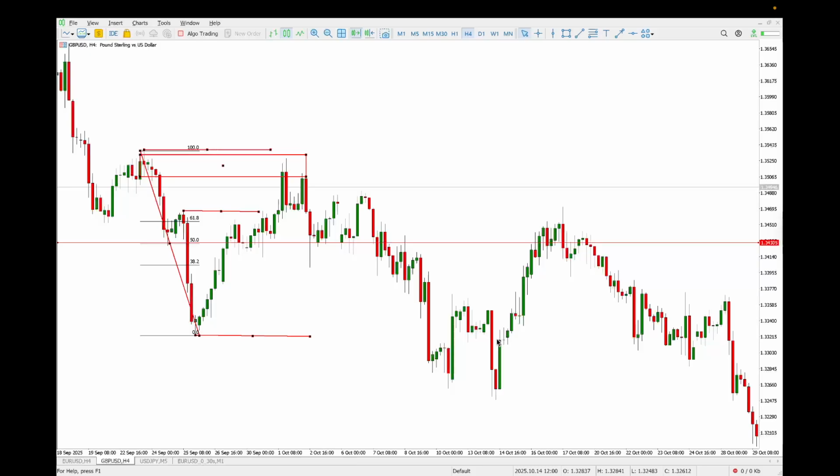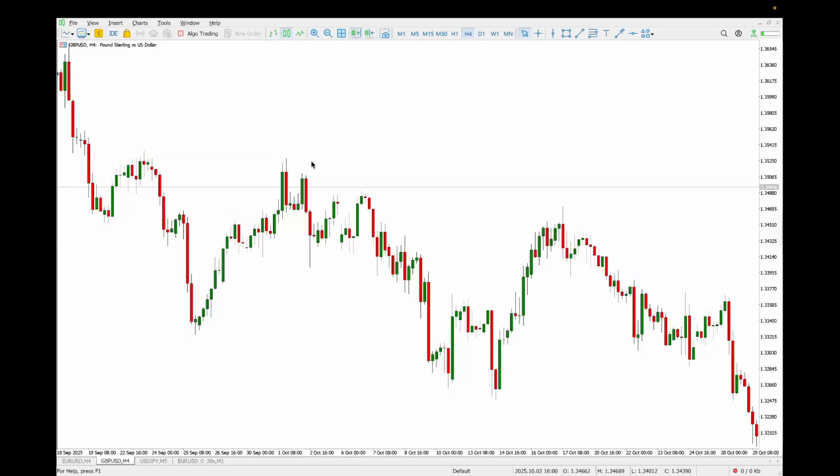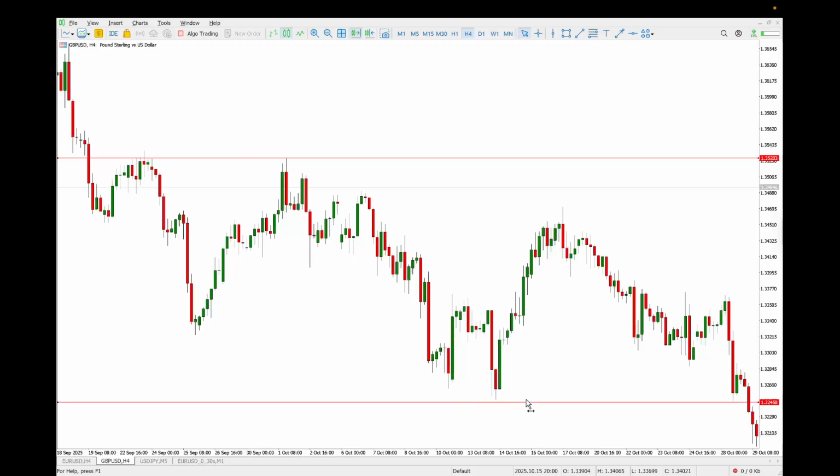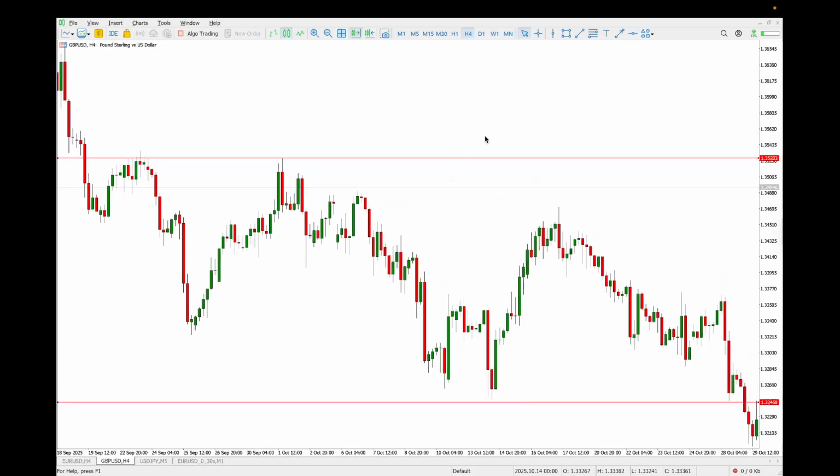It's a simple concept. You just have to mark out the top and mark out the bottom of this dealing range, and you wait for price to come back above the 50% or below, vice versa. Looking at this, we have our 50% right here in the middle. So this is the dealing range.